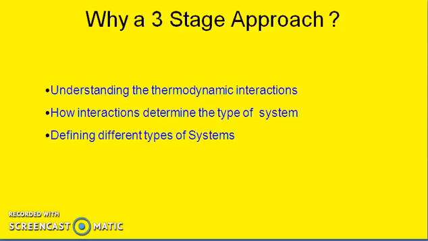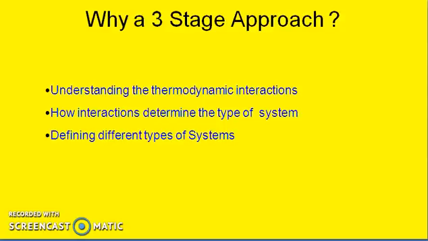I am adopting a three-stage approach. The question is, why a three-stage approach? The objective being to understand the thermodynamic systems, understanding the determinant is very much essential. That's the first stage: understanding the thermodynamic interactions, which is the determinant.